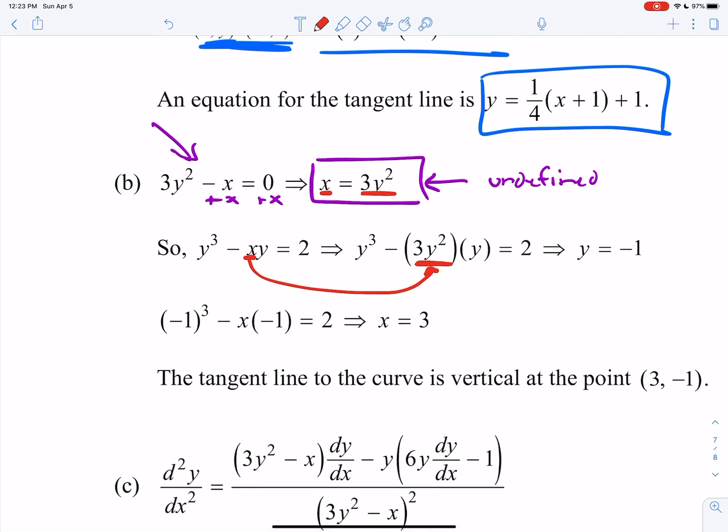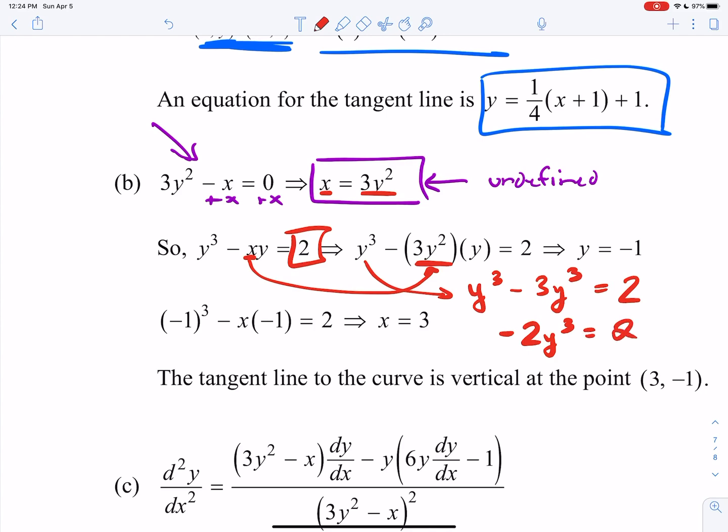So here, let's see. We have y cubed minus (3y squared) cubed. If you multiply that out, we know it has to equal 2 based on the equation. That comes out to negative 2y cubed if you combine like terms.